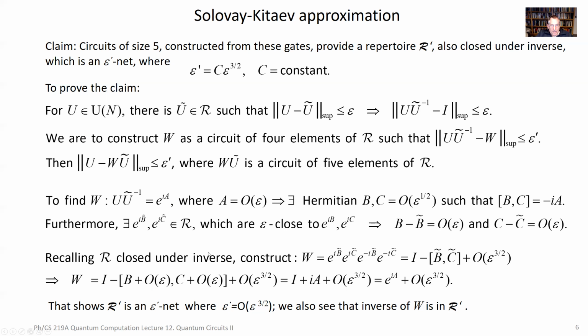These unitaries being epsilon close, if I expand the unitaries, is the same thing as B minus B tilde being order epsilon, and C minus C tilde being order epsilon. Now we use the important property that the repertoire is closed under inverse. I will construct W as e to the iB tilde, e to the iC tilde, e to the minus iB tilde, e to the minus iC tilde.